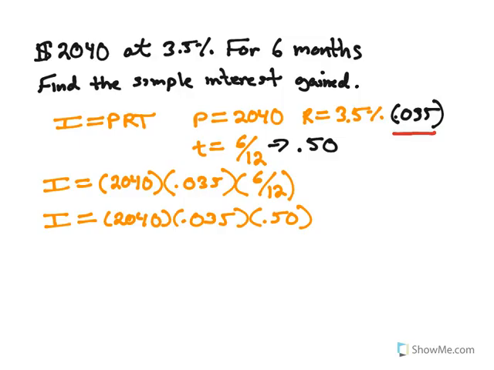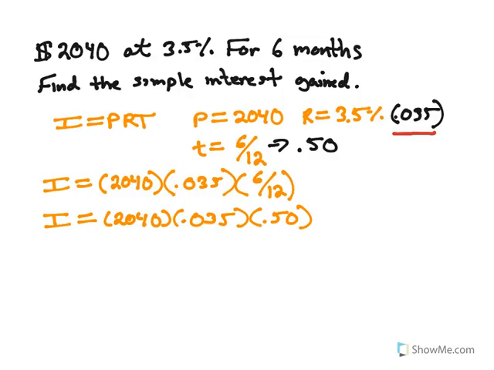So that would be 6 out of 12, and when you do the division, you'll get 0.50 as the decimal equivalent, which makes sense because 6 months is half a year, right? So it'll be 0.5. You plug everything into the formula as we did in the previous example. Again, for the time, 6 over 12, you're going to convert that to a decimal, so go ahead and replace that with 0.50 instead.